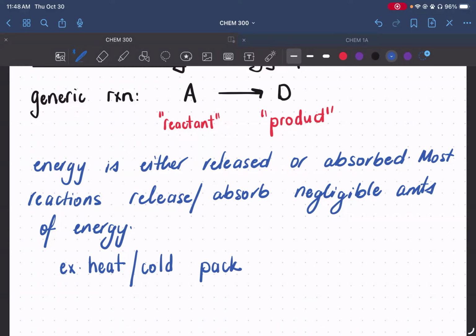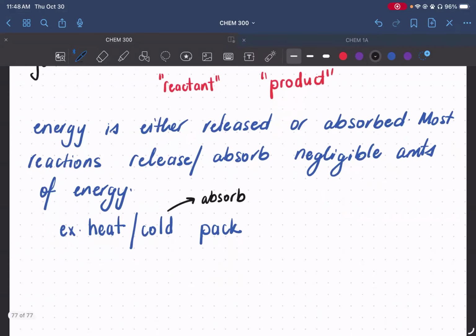Normally it instructs you to either break it or rip it, or do something to the pack that allows it to start getting cold. This is an example of a noticeable release or absorption of energy. In the case of a cold pack, we overall absorb energy. In the case of a heat or hot pack, we overall release energy.